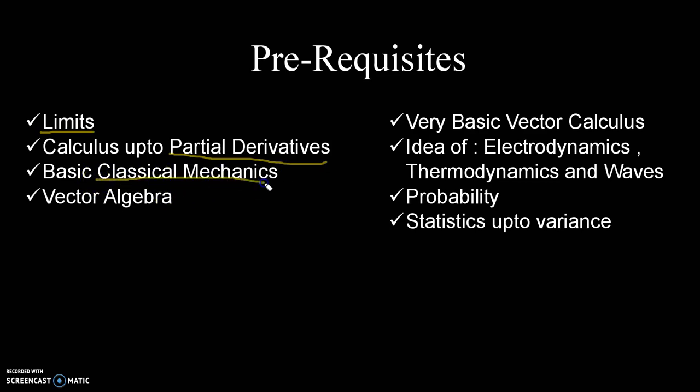Some basic classical mechanics, such as the concept of momentum, energy, and force, among other things. Then vector algebra. Basically, an introductory course to vectors. You should know how to add, subtract vectors, what are the different properties of vectors, manipulation of vectors, then vector calculus.